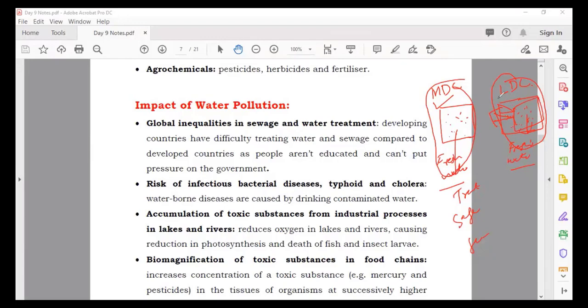So developed countries can get good water even after it is polluted, by cleaning it, but less developed countries cannot make it safe. So it creates inequalities. That means some have good drinking water and some have unsafe drinking water. That is the first thing.